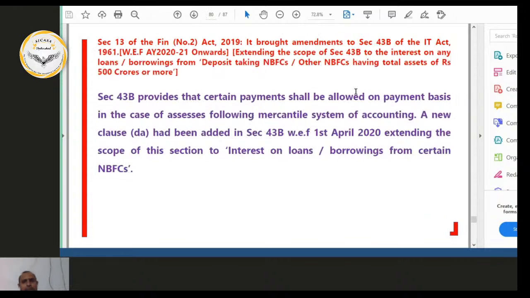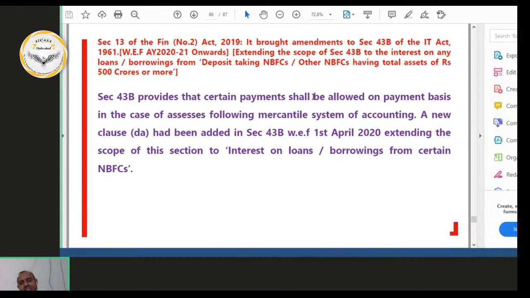The next one, okay, 43B. So the scope of 43B has been extended to strengthen the NBFCs. So earlier, interest on loans or advances taken from financial institutions, loans taken from borrowings or loans taken from scheduled banks, only that interest is covered under 43B.